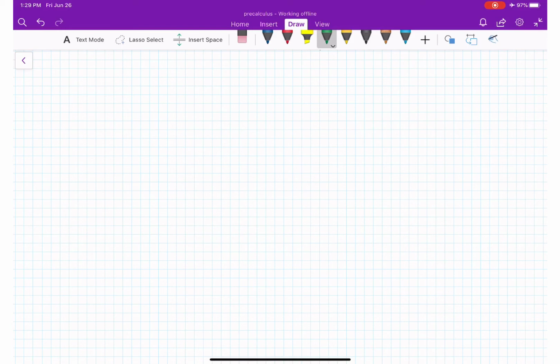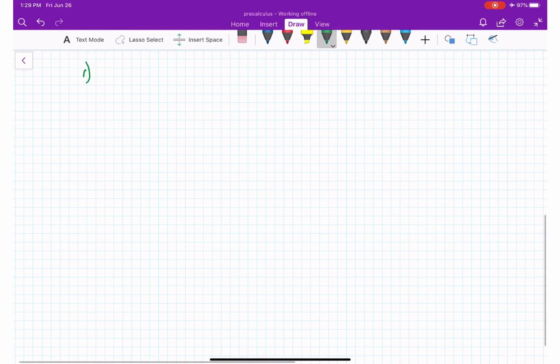Okay, so let's take the first example. Let's assume we have negative pi over 60. Since we are looking for a coterminal angle that is positive and less than 2 pi, then for a negative angle we are adding positive 2 pi.